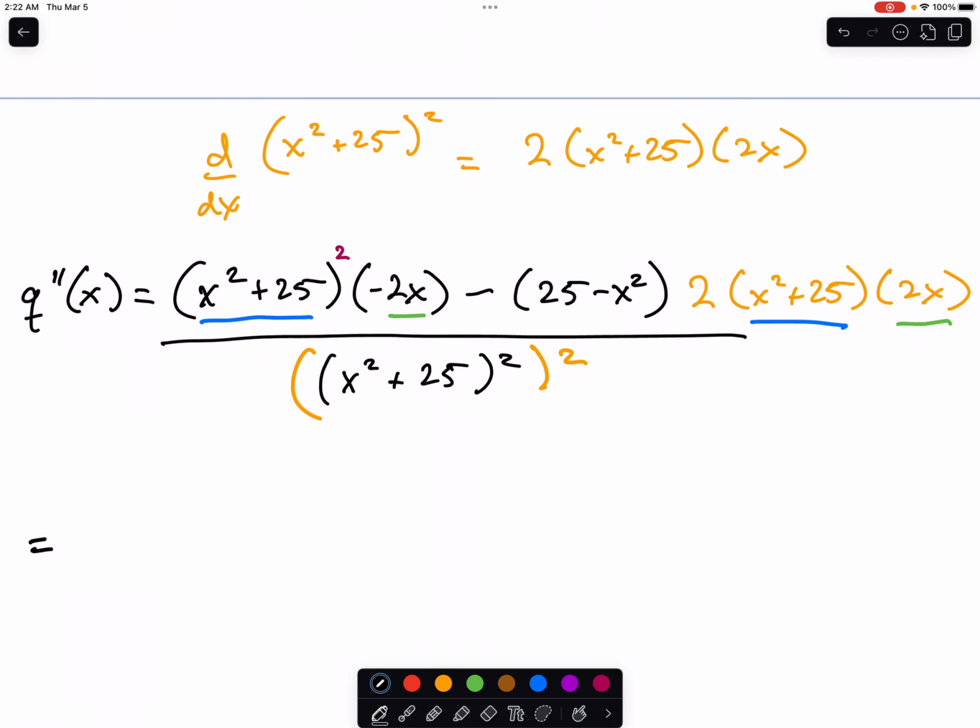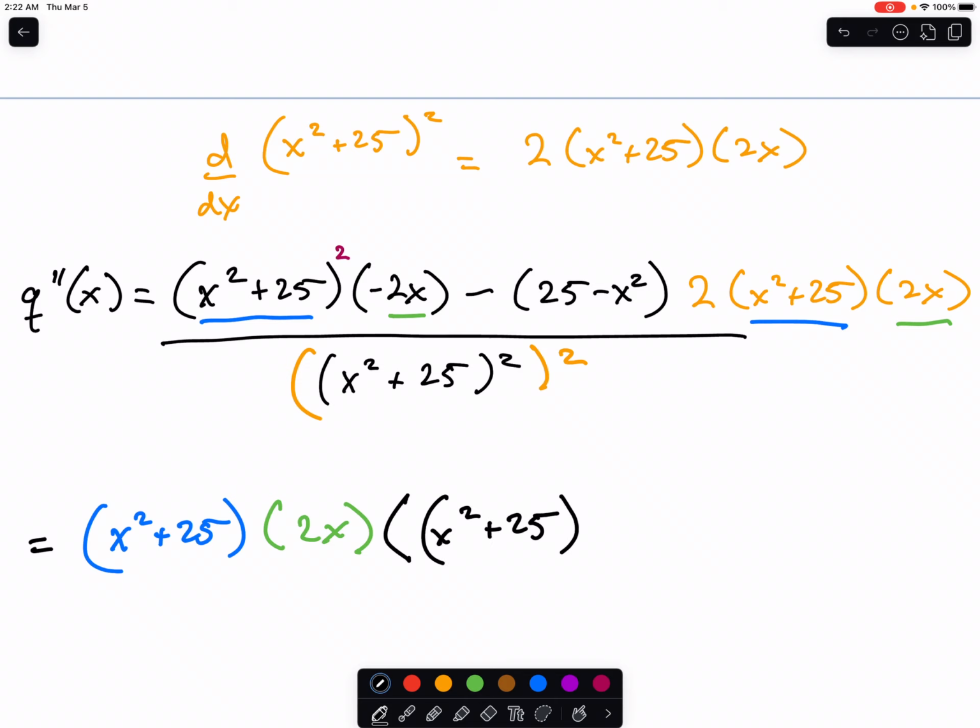Okay, so we know both terms look like they have at least one of the, and I'll do it in blue so it's a little bit easier to track, x²+25, okay, and then we can factor out a 2x. Okay, now from that first term we still have an x²+25 left over, like this.